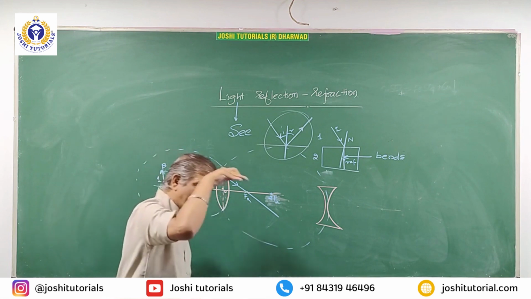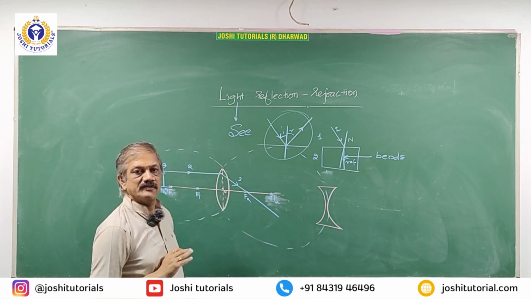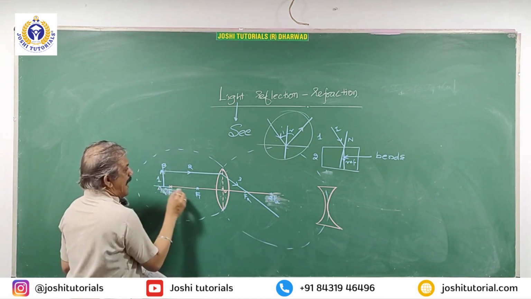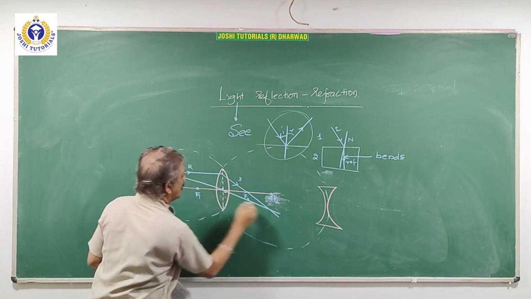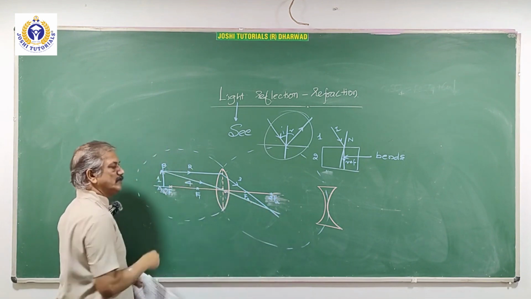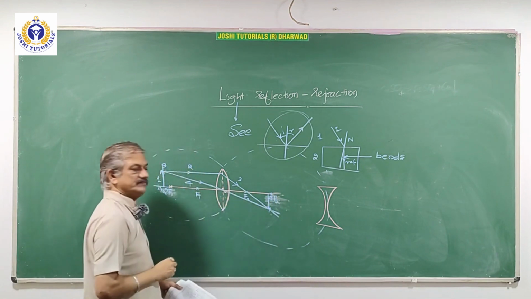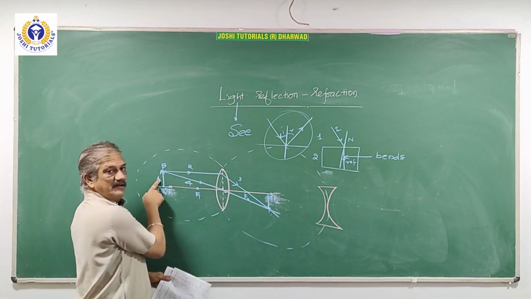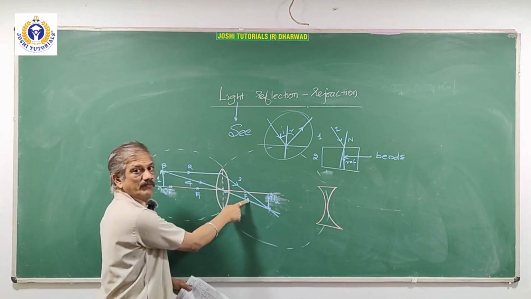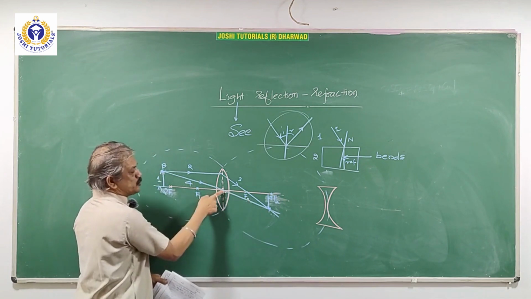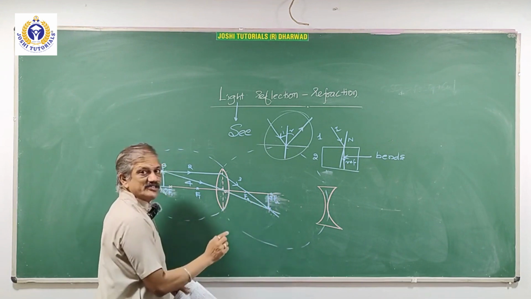Always convex lens bends towards the principal focus. And from the head pass through optic center. It is 4. Wherever they meet, this is the image. 1, 2, 3, passing through F2. From head through optic center, they meet, you draw one image.